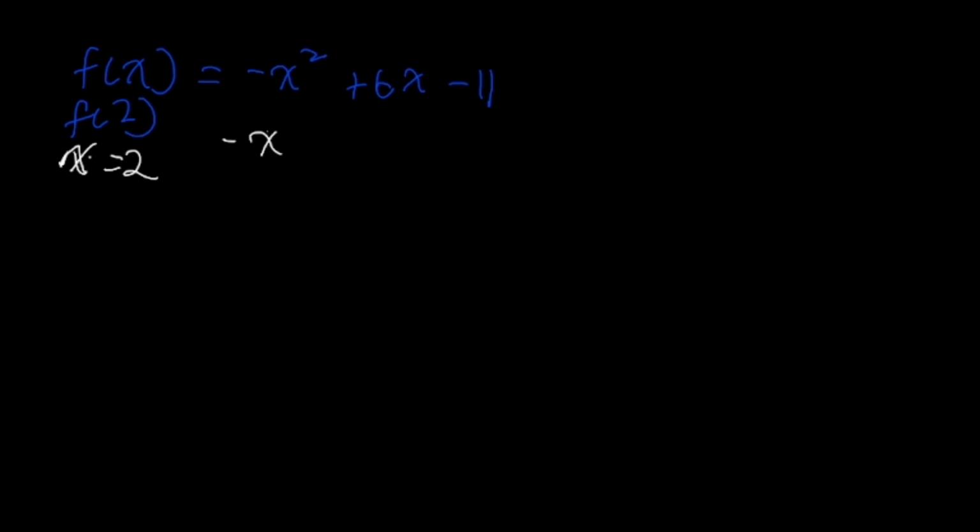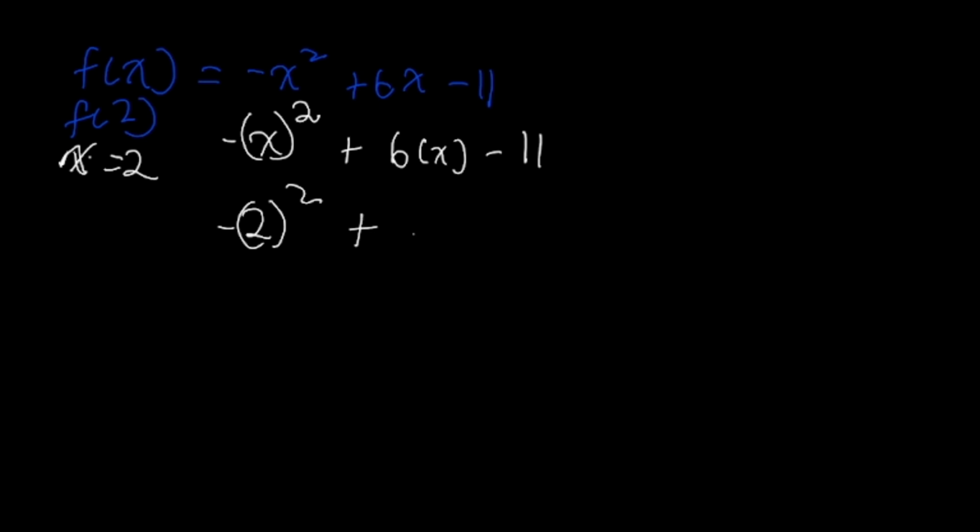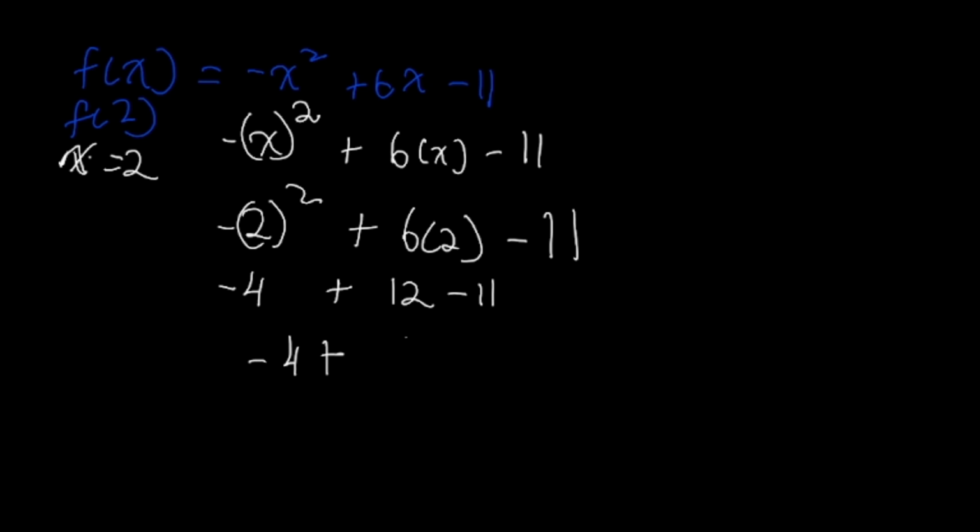So negative x squared plus 6x minus 11 becomes negative 2 squared plus 6 into 2 minus 11. 2 squared is 4, and so that's negative 4. Negative 4 plus 12 minus 11 is 1, which gives you the answer negative 3.